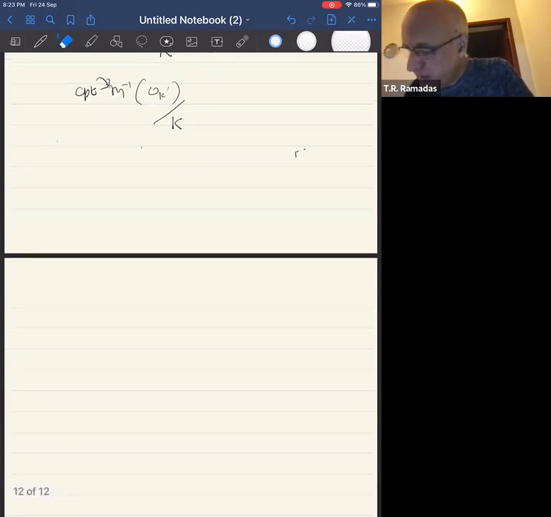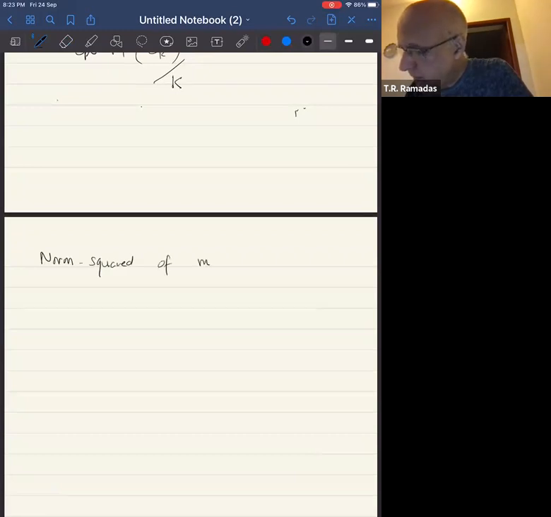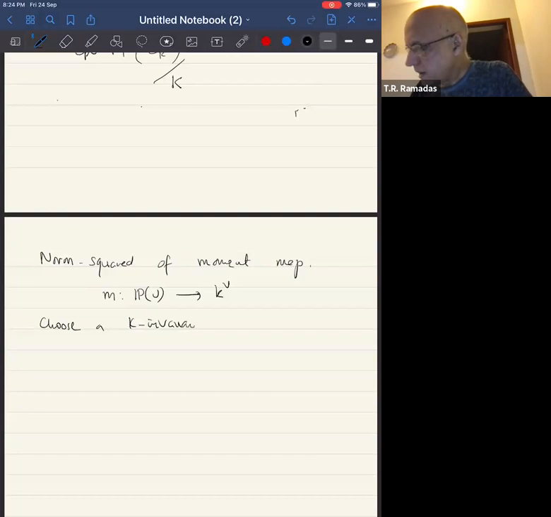Okay, now norm squared. So M is a function from PV to K hat dual. Now choose a K invariant inner product on K hat.